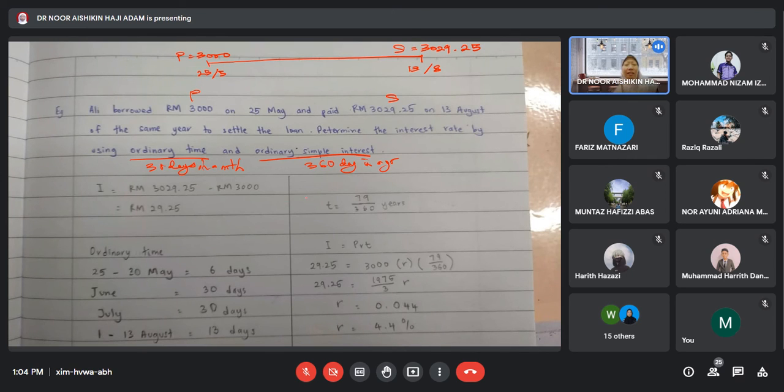Okay. Now, macam mana Mumtaz buat? Dapatkan I dulu, which is the difference between S and P. And that comes up to RM29.25. Betul? Sebab dia nak guna formula I equals to PRT. Now, kalau you nak cari time, dia guna ordinary time, we begin on 25th May kan?